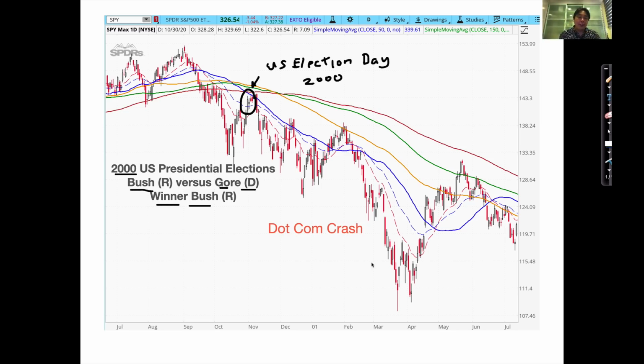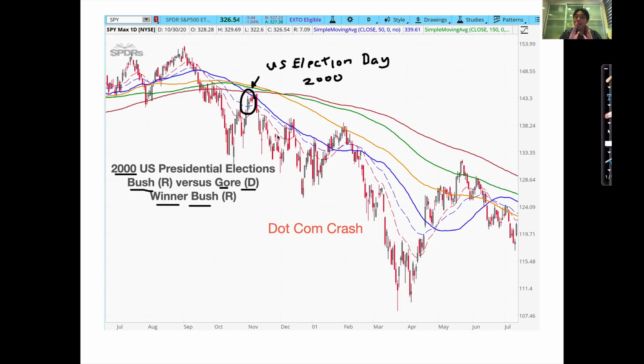Now, bear in mind that this was during the dot-com bubble crash that was already going on, okay? So bear in mind that even before the elections, the stock market trend was already in a bear market downtrend. So look, you can see the 50 moving average, the blue line, below the 150 moving average green line, and they're both sloping down.